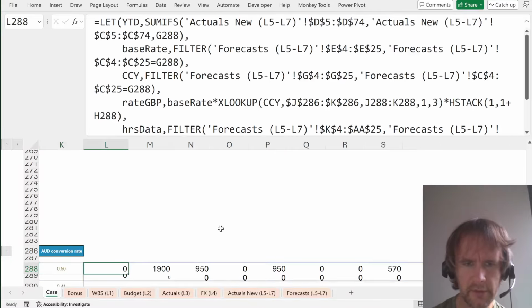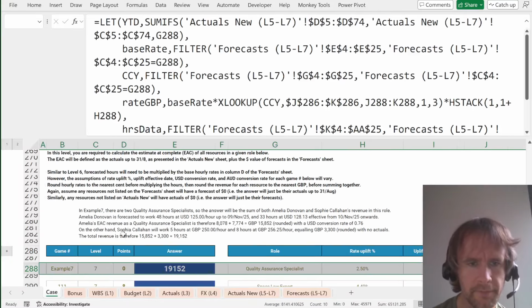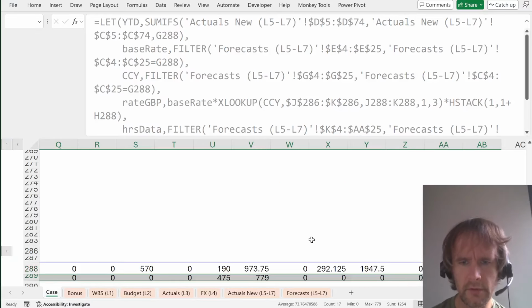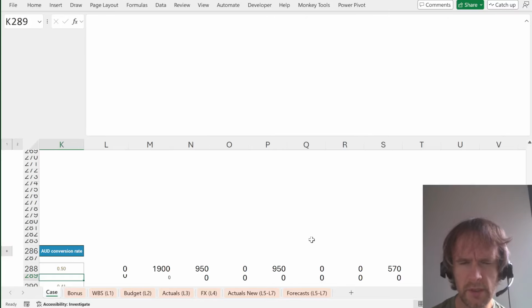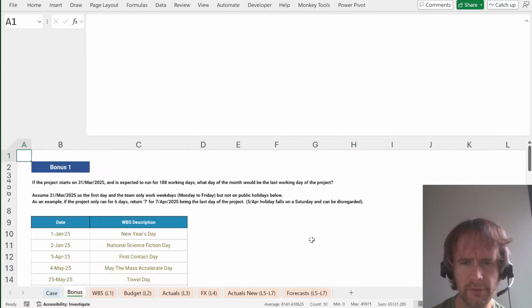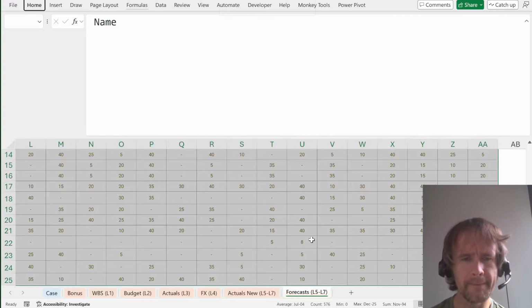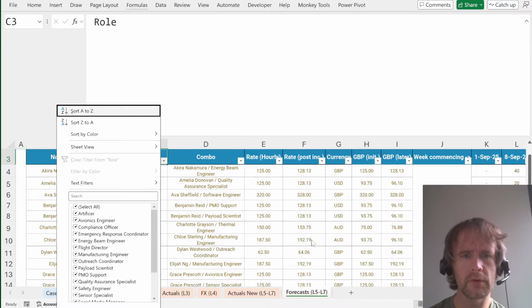Yes, that's what I'm getting. On the other hand, we got like 5 hours at this and 8 hours at this, equaling £3,300. What? Wait, I'm so confused. Quality assurance.